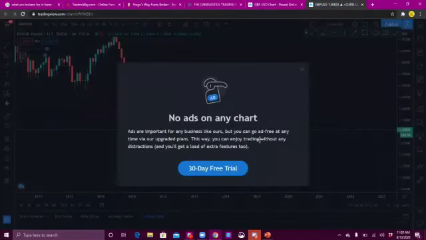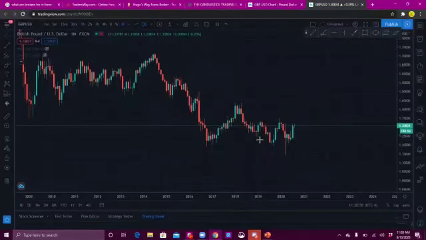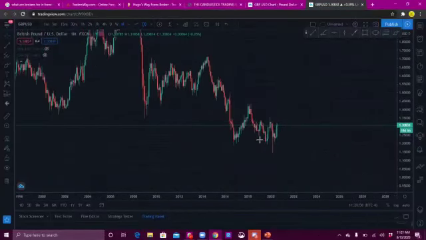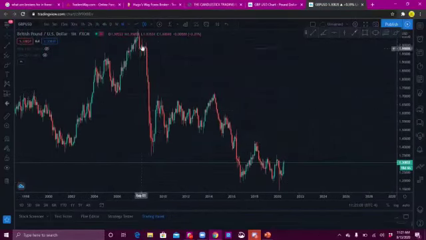So to give you guys an overall understanding, let's just say that the market is low, right? We can see that it's low, big red, and now it's staying down here. So we would say that, okay, the market could potentially go up.